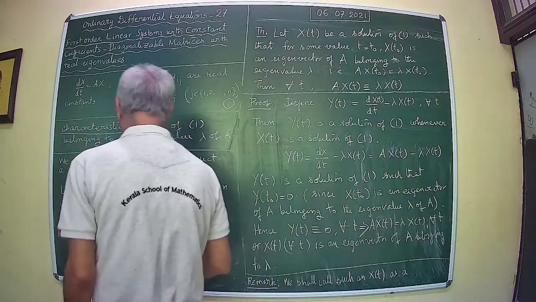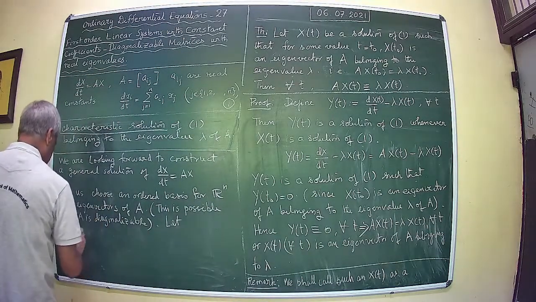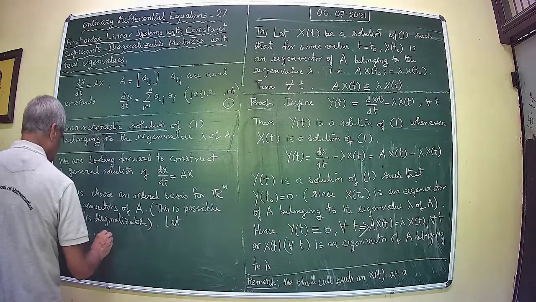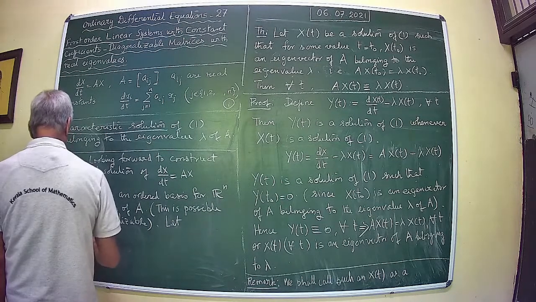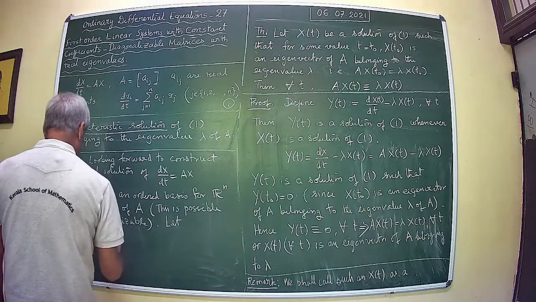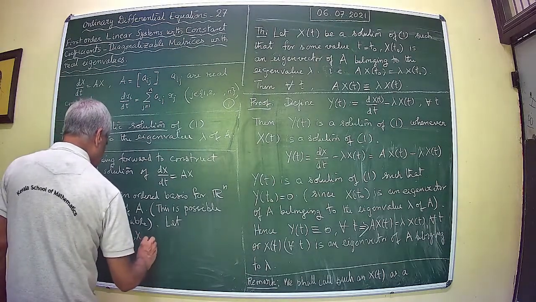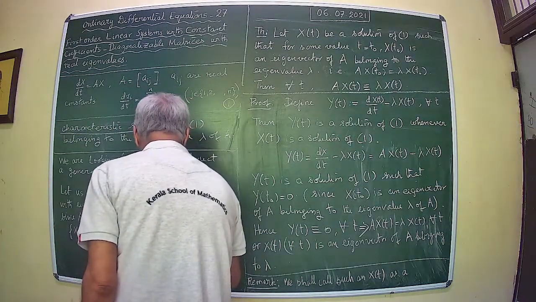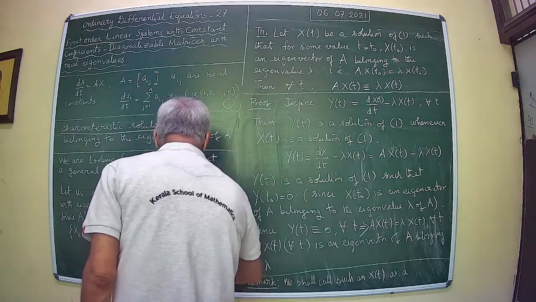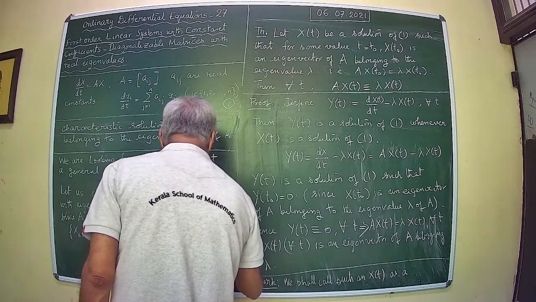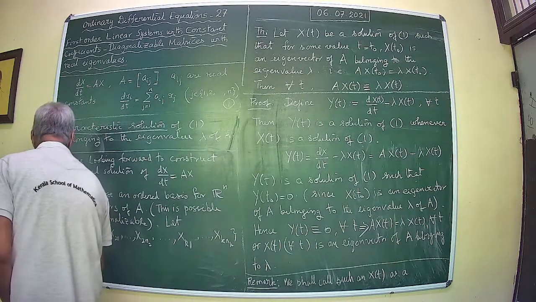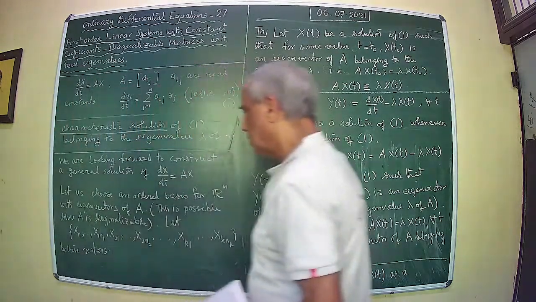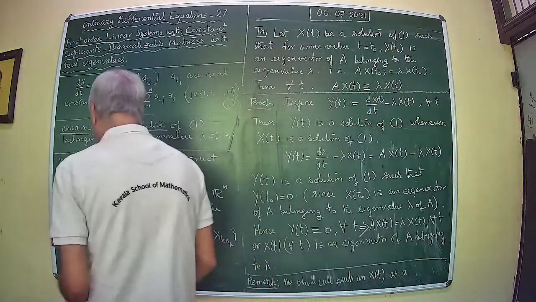Let x1, x2, ..., xn be these vectors. These are eigenvectors of A. Okay. Now you solve this problem.